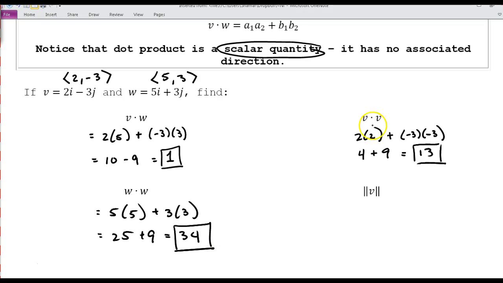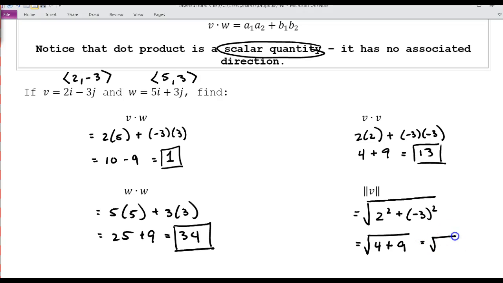All right, now these last two examples are kind of special cases here. So let's go ahead and find the magnitude of v. So we know the magnitude of v is going to be the square root of the sum of the squares of the two components. So that's going to be 2 squared plus -3 squared. So that's going to be the square root of 4 plus 9, which is the square root of 13.